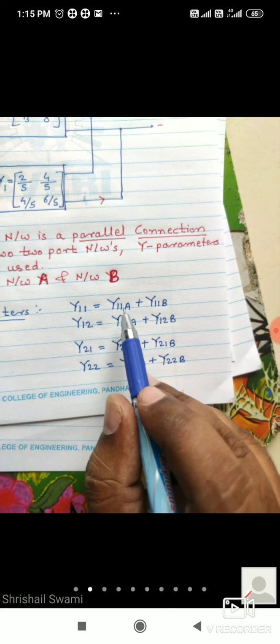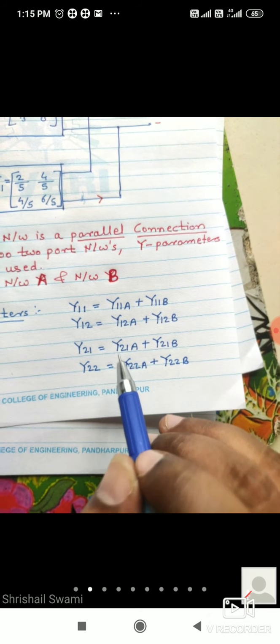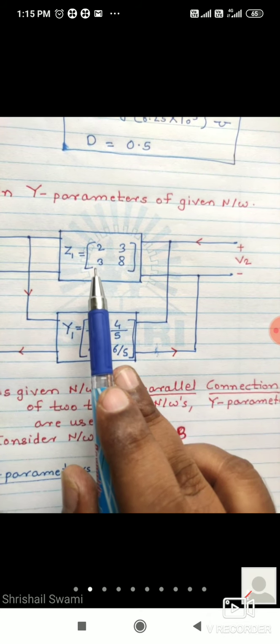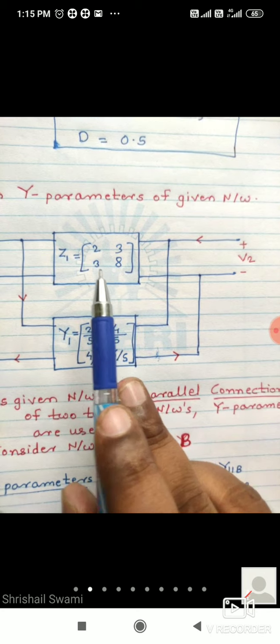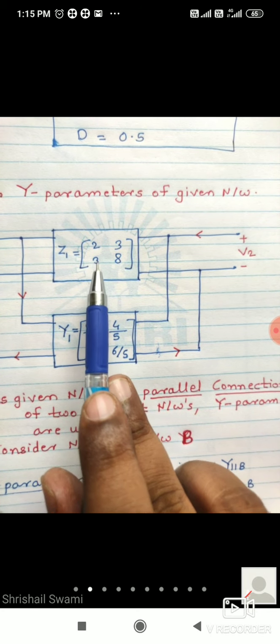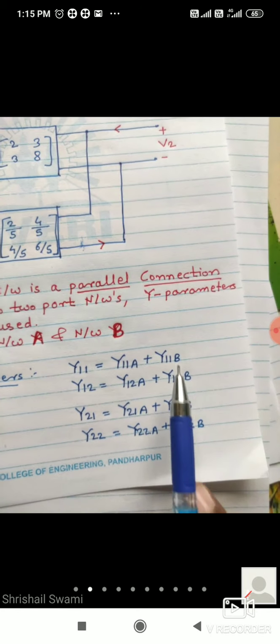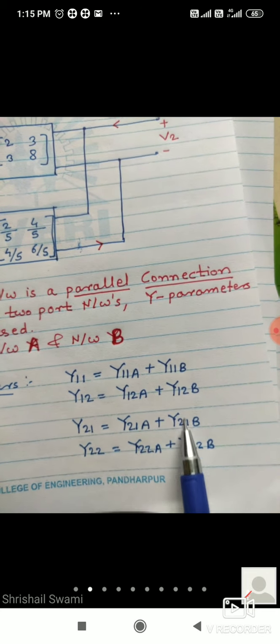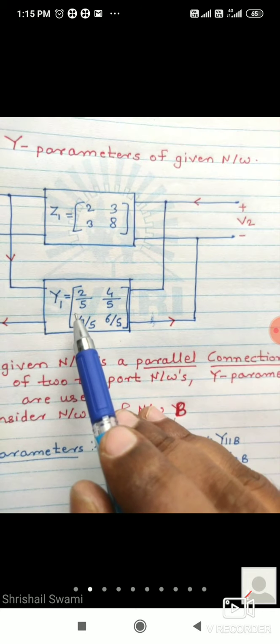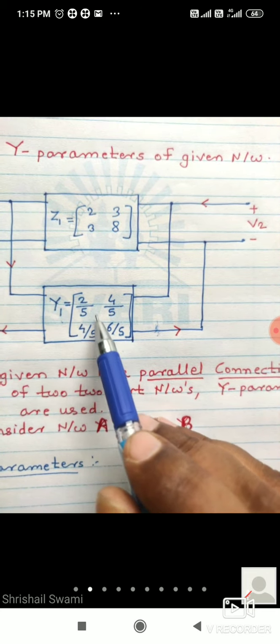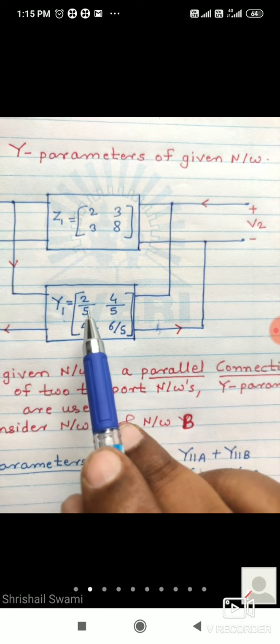आता यातलं नेटवर्क A चे Y पॅरामीटर्स दिलेत का? Check. These are the Z parameters. Okay, Z parameter दिले नेटवर्क A चा. नेटवर्क B चा Y पॅरामीटर दिलेत का? Yes, नेटवर्क B चा Y पॅरामीटर दिलेलं आहे, म्हणजे एक काम तुमचं वाचलं.